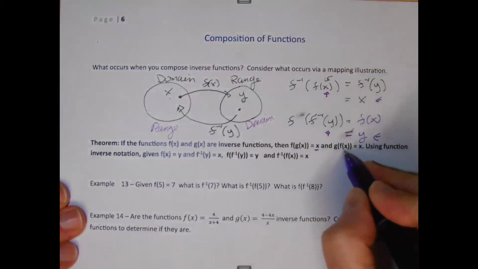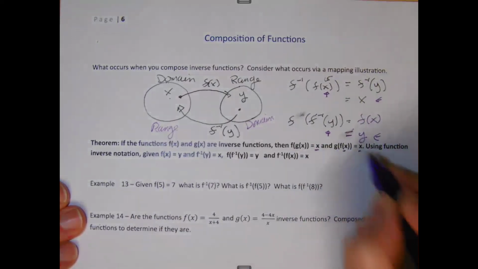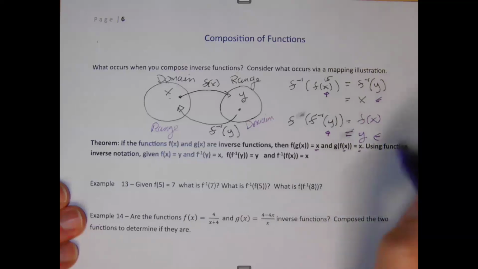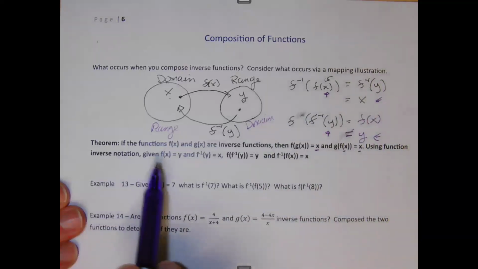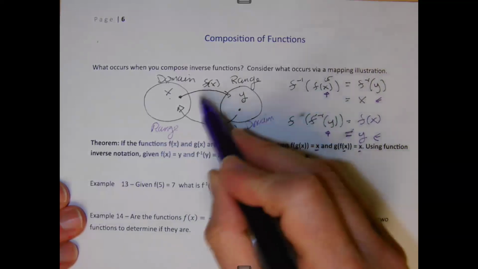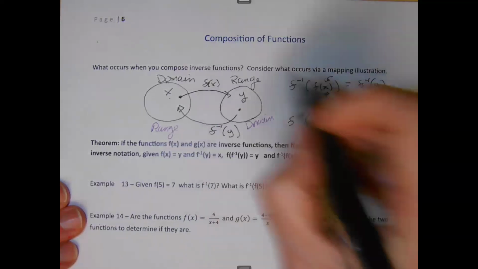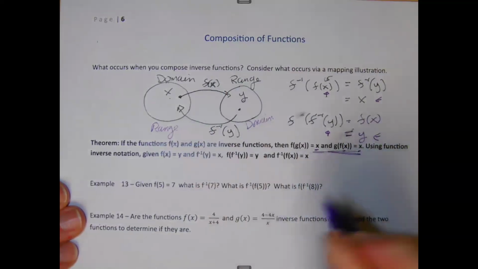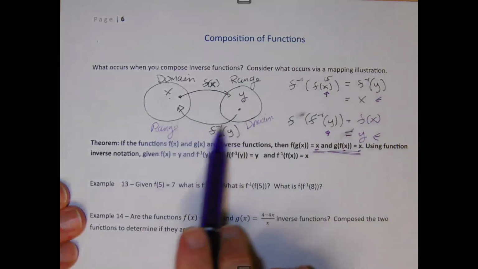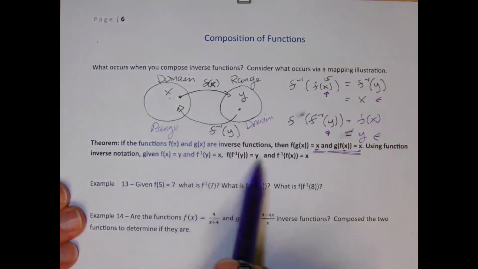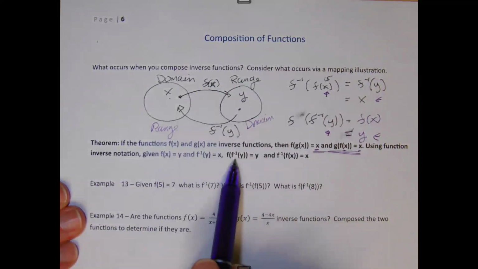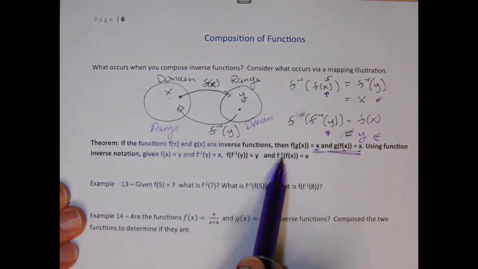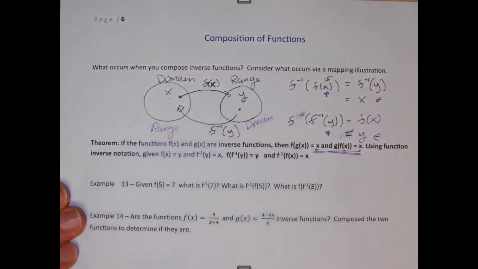If I compose the other way, whatever I start out with, that's what I get back out. Using the function inverse notation, you see that it's the same thing: F composed with F inverse of Y gets you Y, and F inverse composed with F of X gives you X.